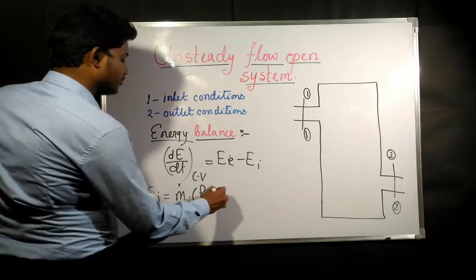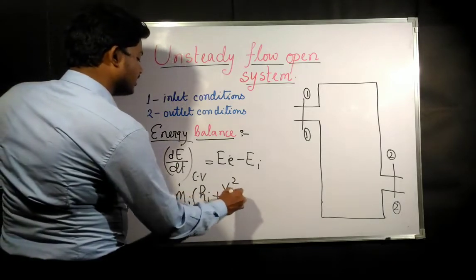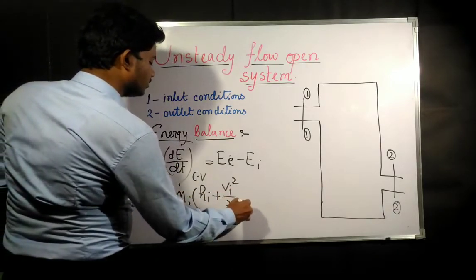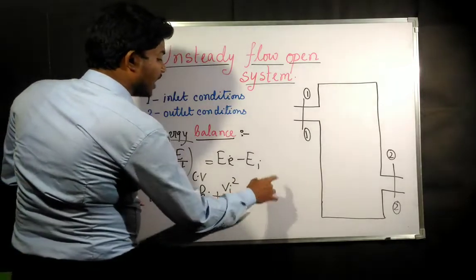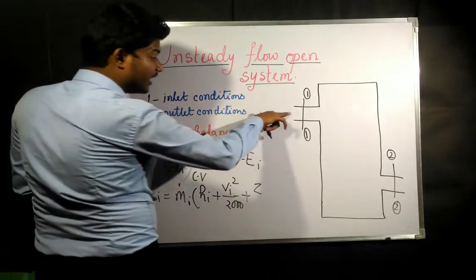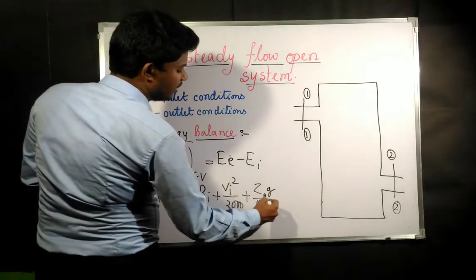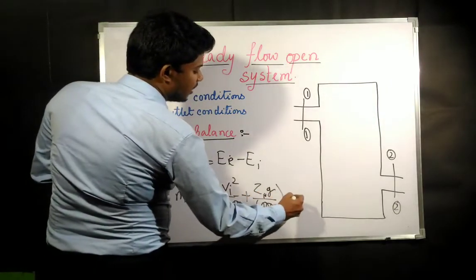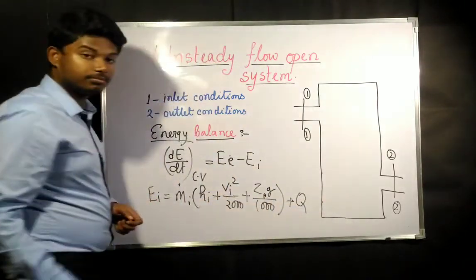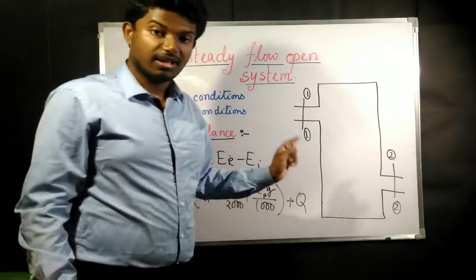Now if you remember, energy at inlet, as we have derived earlier, was m dot at inlet into enthalpy at inlet plus velocity at inlet squared by 2000 plus height of that entrance from the datum, g divided by 1000, plus q was there.